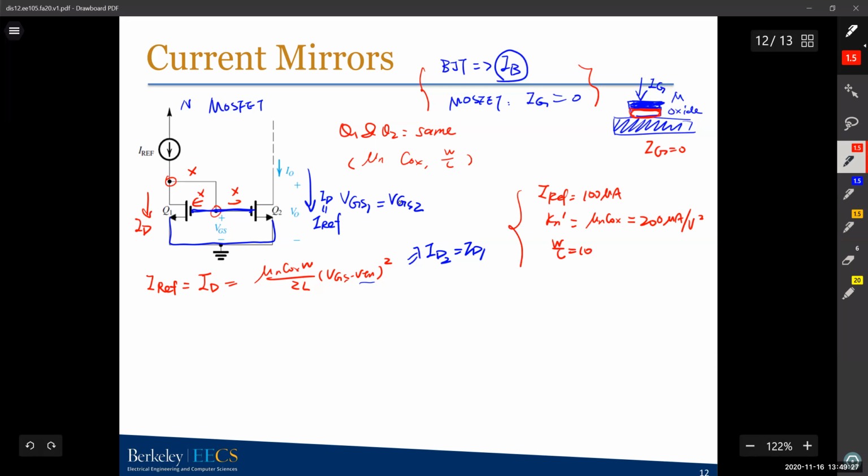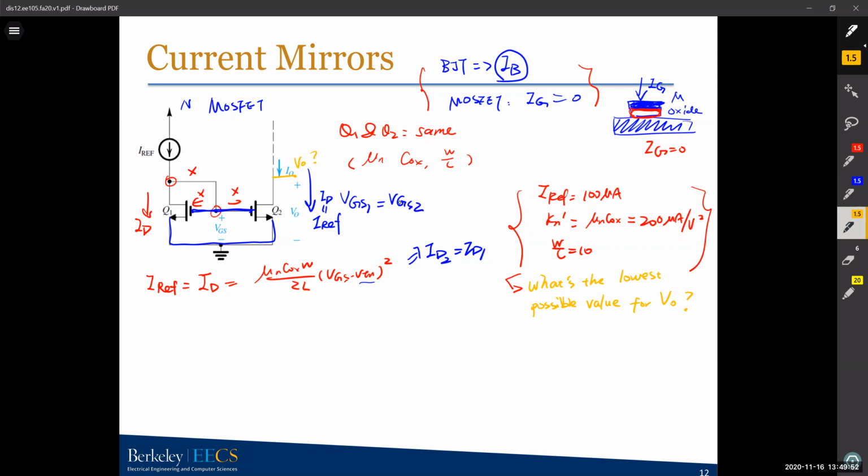These are all the specs for the circuit. I want to know the lowest possible DC value for Vout.